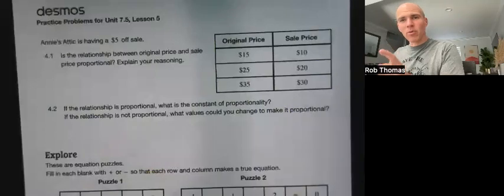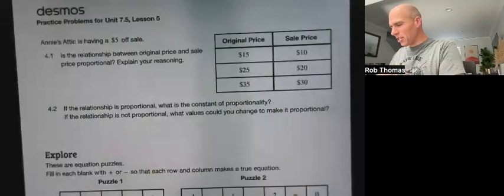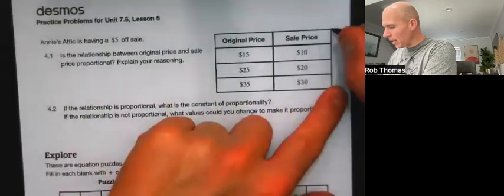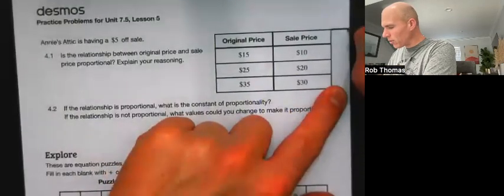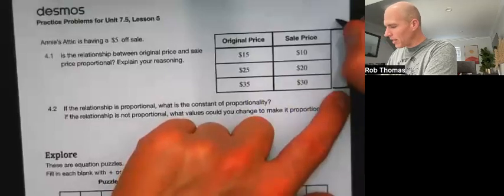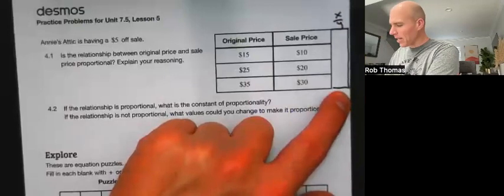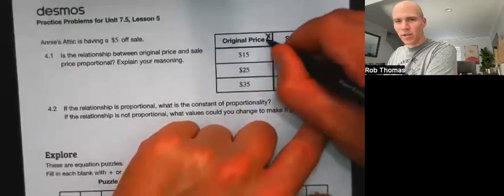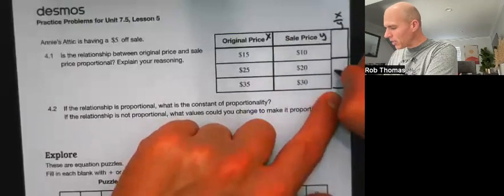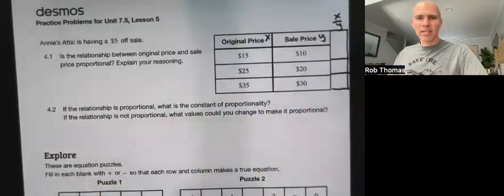let's remember the way that we really learned to check this, though. We would always draw a new column over here, and we would call it the X divided by Y column. And the original is our X and sale price is our Y. And then we would just do X divided by Y and see what we get.